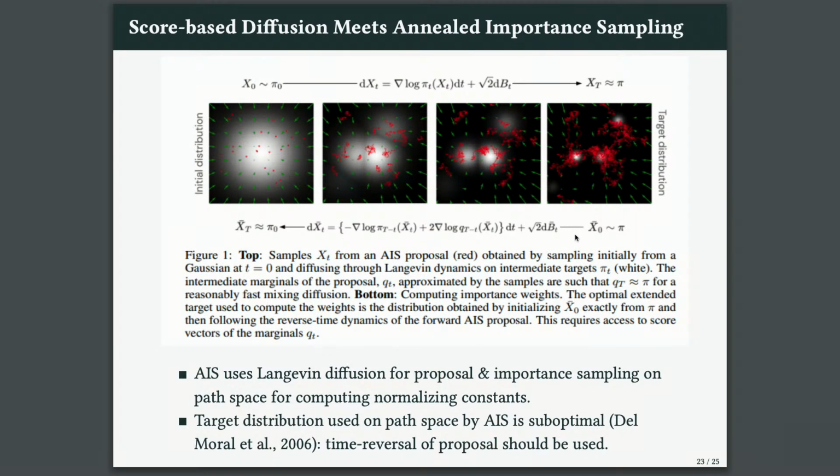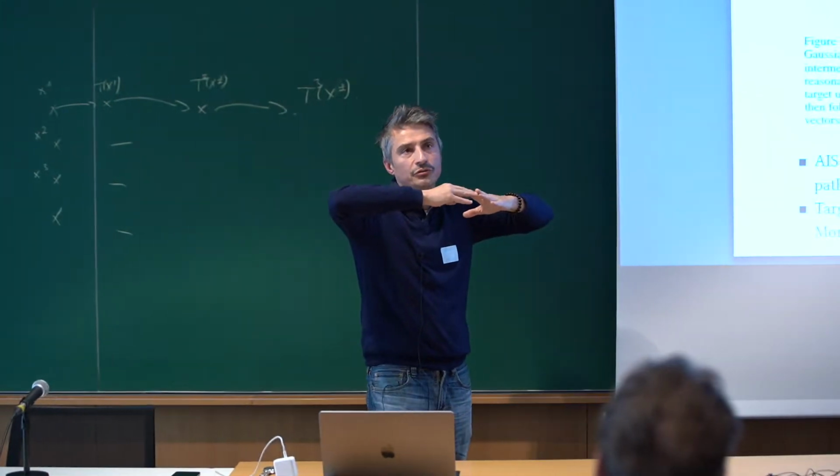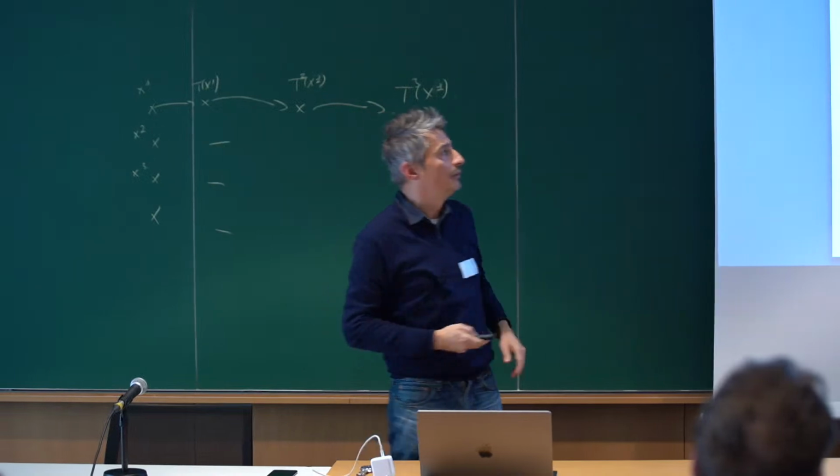Okay, so in statistics, and actually in physics, a very standard technique to do that is the Jarzynski-Crooks technique, also known in statistics as annealed importance sampling, where you define a sequence of tempered target distributions. At the beginning you start with something really tempered, so it mixes quite well if you use Langevin, and then you temper that toward pi.